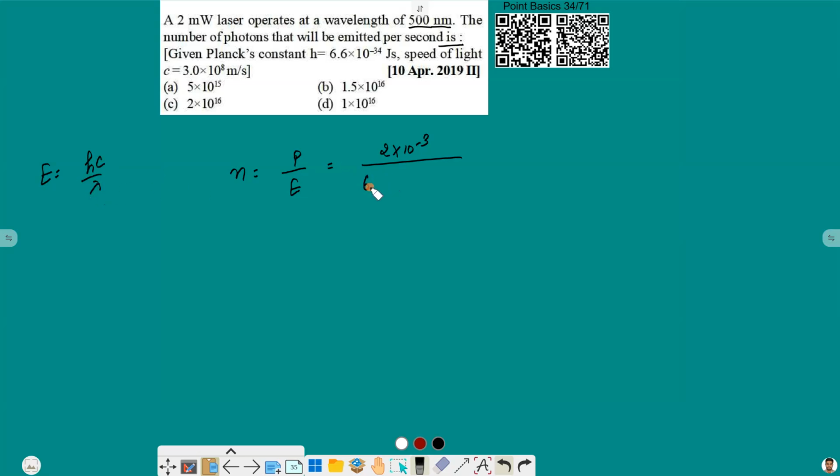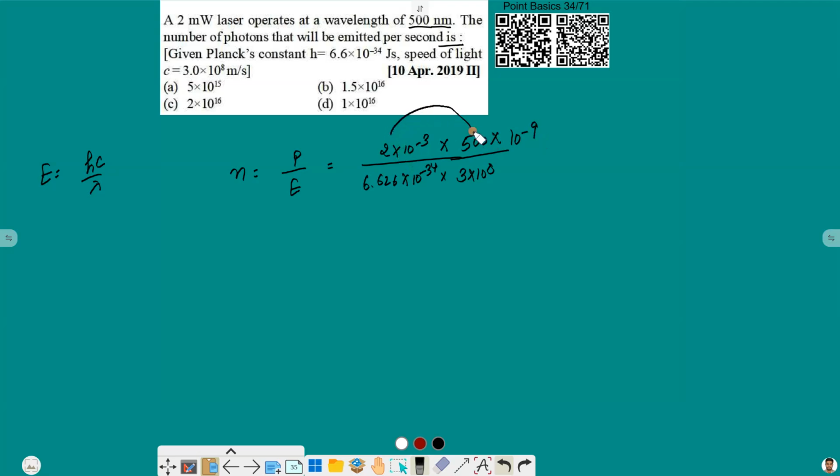So that will be 6.626 × 10^-34 into c, that is 3 × 10^8, and here we will get lambda, that is 500 nanometer, so 5 × 10^-9.